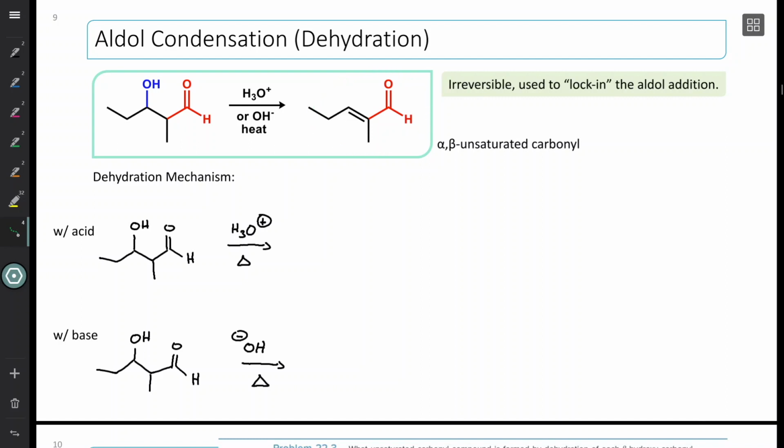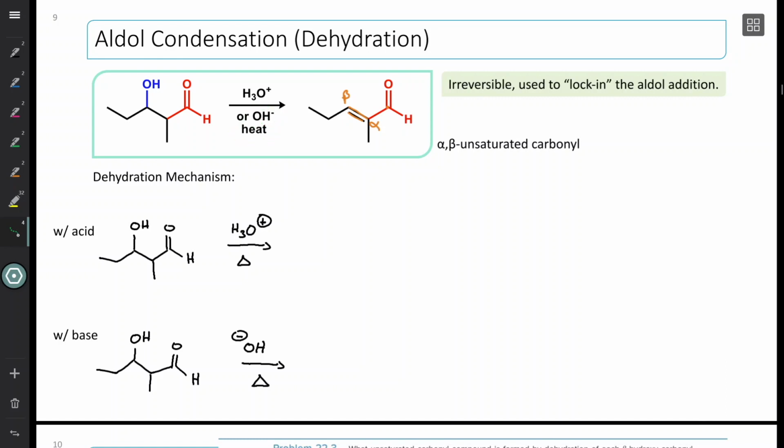You go from your beta hydroxy carbonyl to an alpha beta unsaturated carbonyl, right? Here's our carbonyl. This is alpha, this is beta, and we have this unsaturation there. So that's why it's called an alpha beta unsaturated carbonyl. You can do this reaction in acidic conditions or basic conditions, but you do need heat, okay?